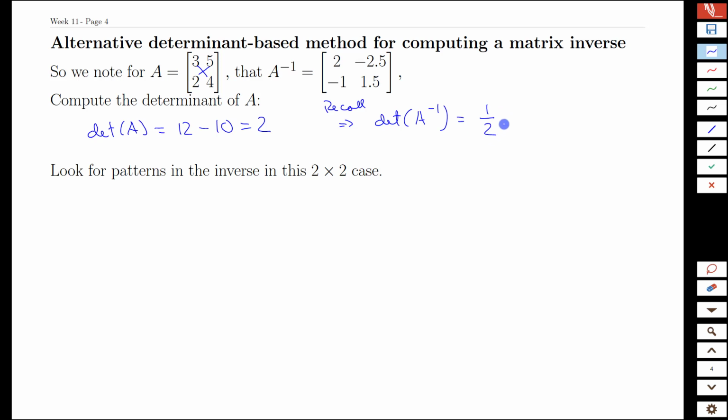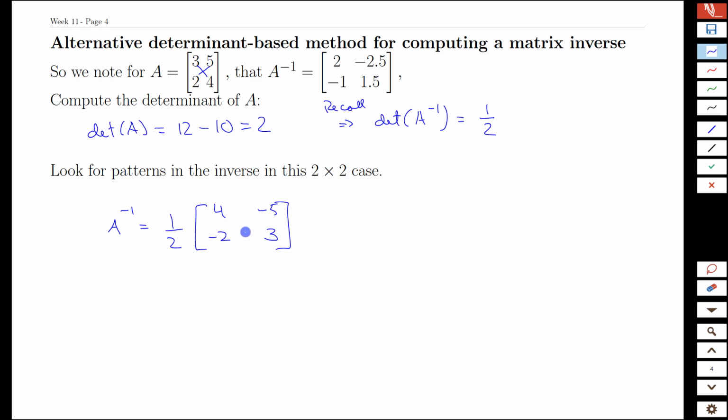And if we start thinking about halves, let's actually factor out a half here. If I look at A inverse and I break out a half, that means I multiply everything inside by 2 to compensate. So I pull out a half, multiply everything inside by 2, -5, -2, and 3. And all of a sudden hey, these are the same numbers.